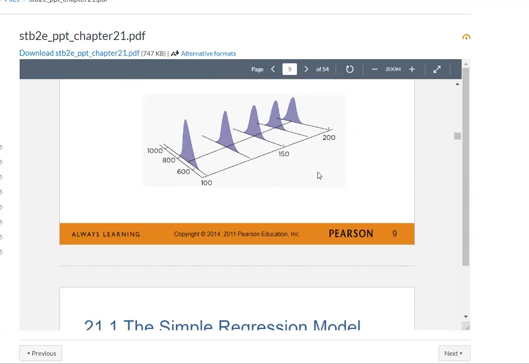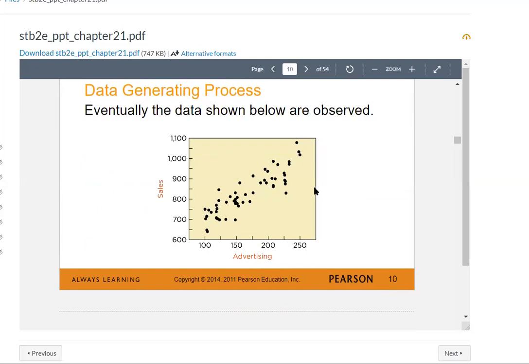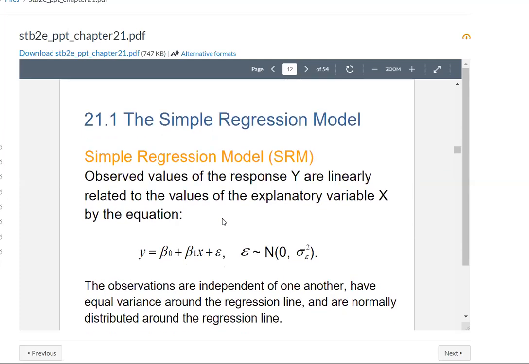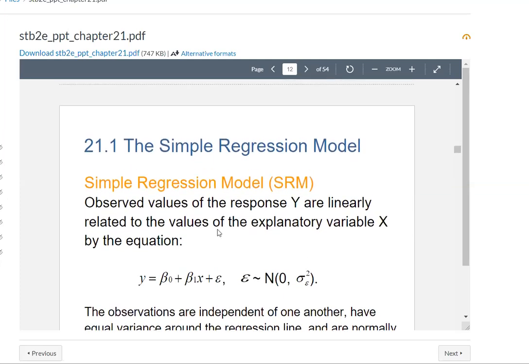Okay, so we check normality, we check linearity of the relation, and this is another problem. You can see the way we represent our simple regression model: because residuals are involved now, we add residuals, we add errors to our equation, to our model.